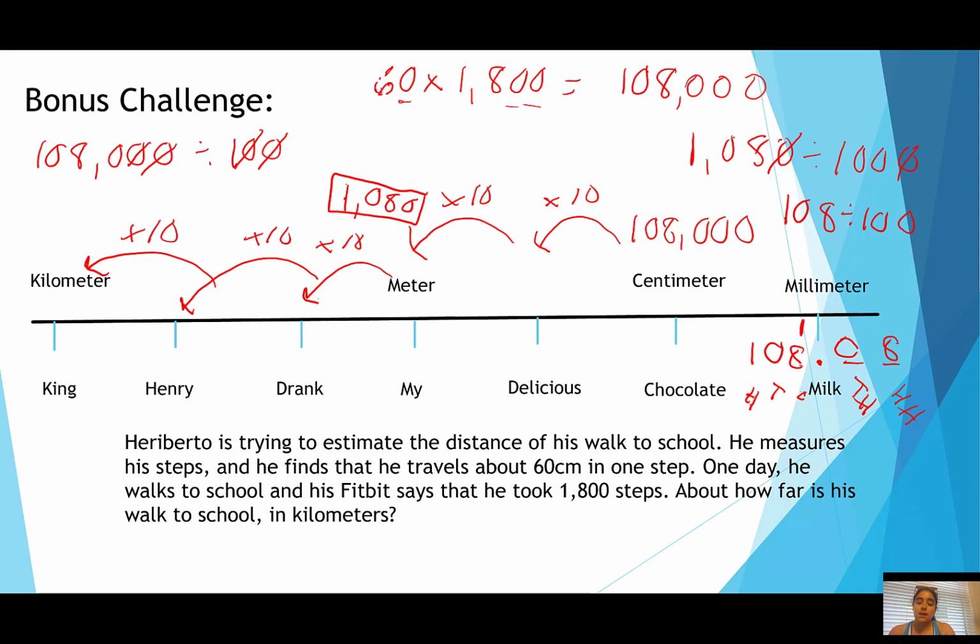So approximately about how far is the walk to school in kilometers? 1 and 8/100ths of a kilometer. So using place value is really helpful for this entire problem, okay?